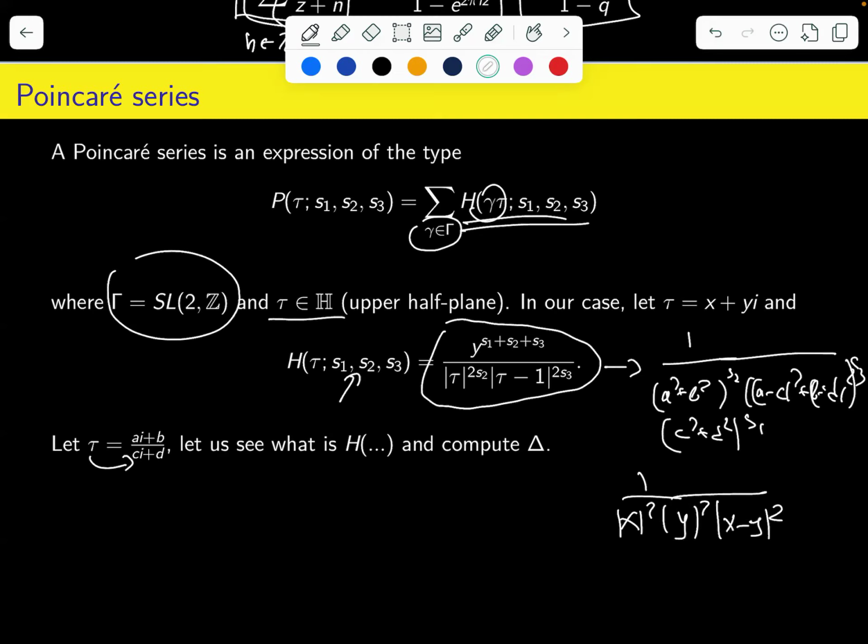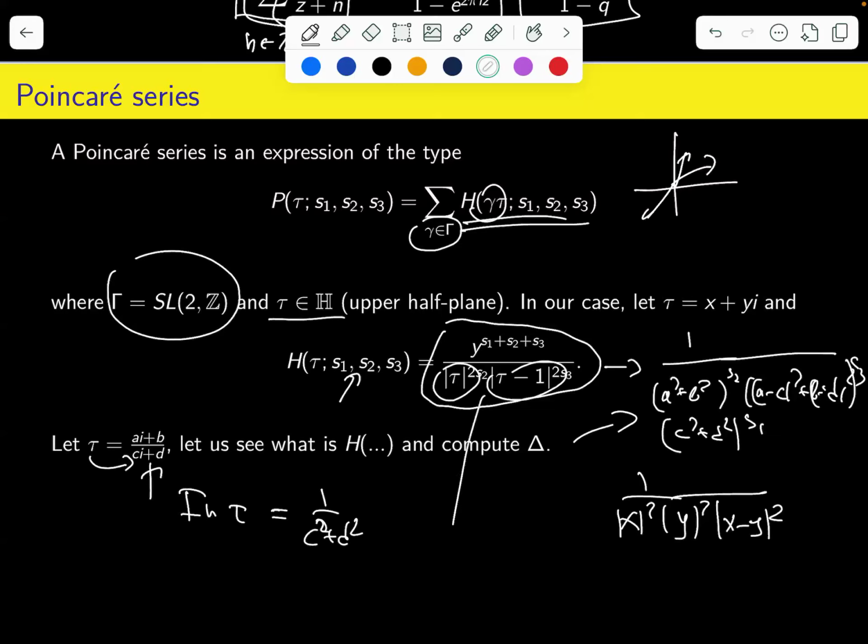So here you just need to compute basically what is the imaginary part of gamma of tau, and that's 1 divided by c squared plus d squared, actually. And you also compute these things, and you just see this expression. So actually, that's just another form to write the same expression as above, because what happens above is we take three vectors with sum 0, right? And here we take again three vectors, but we take 1, tau, and tau minus 1.